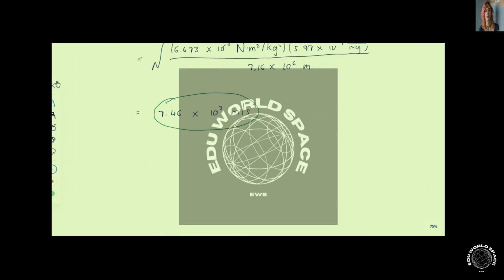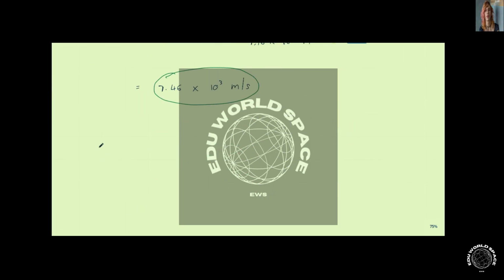Now in part B, we want to calculate the period of this orbit. So we know the period of the circular orbit is equal to the distance of one orbit, which is 2 pi r, over the speed v.